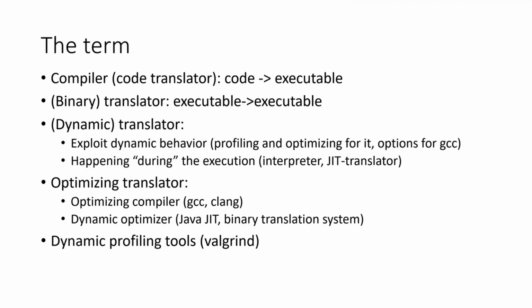And it is a binary translator, not a code translator, because it takes the executable which was already compiled by some GCC or Clang. Yeah, and it does not optimize things. It's just allowing for additional analysis.